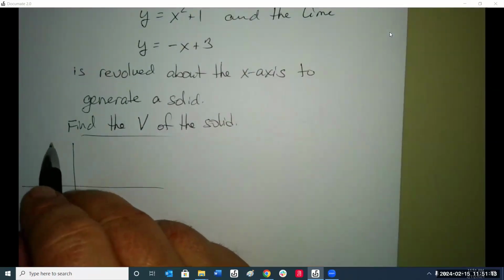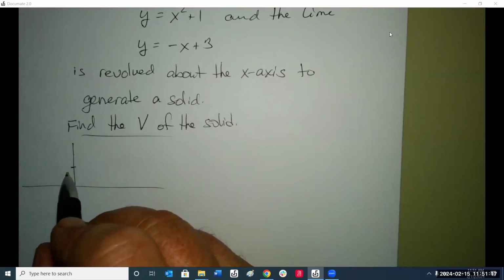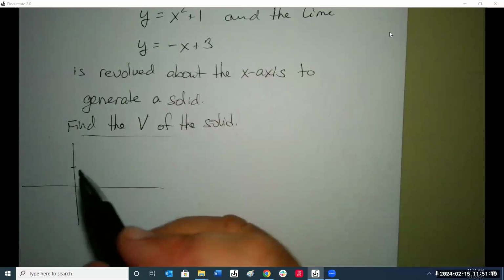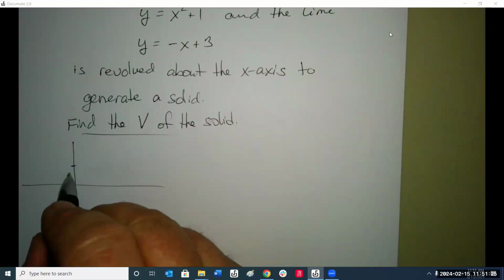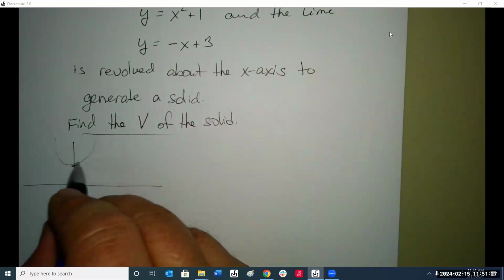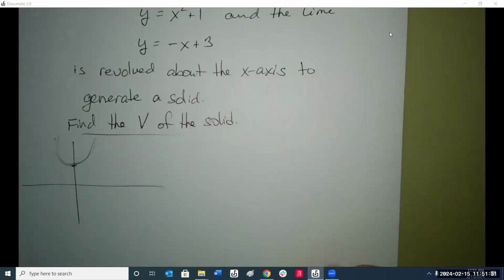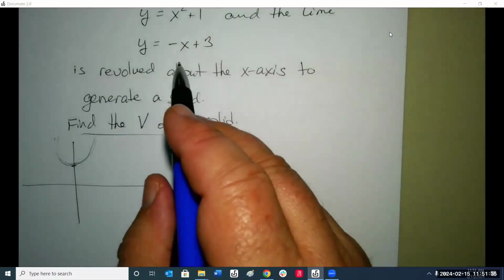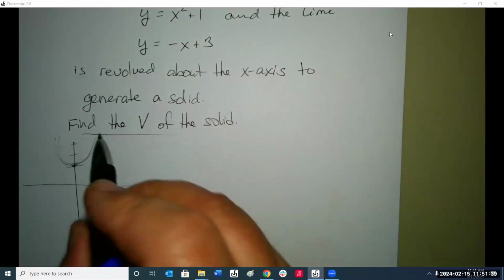So x squared is a parabola, plus 1 means it's lifted up. And the line negative x plus 3. So that's 1, 2, 3.